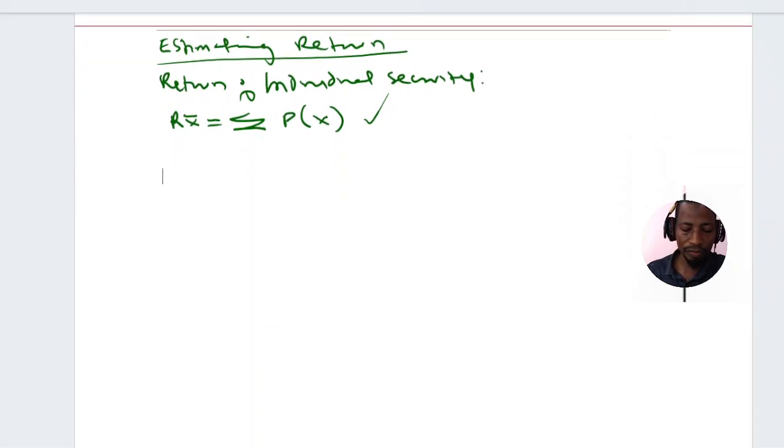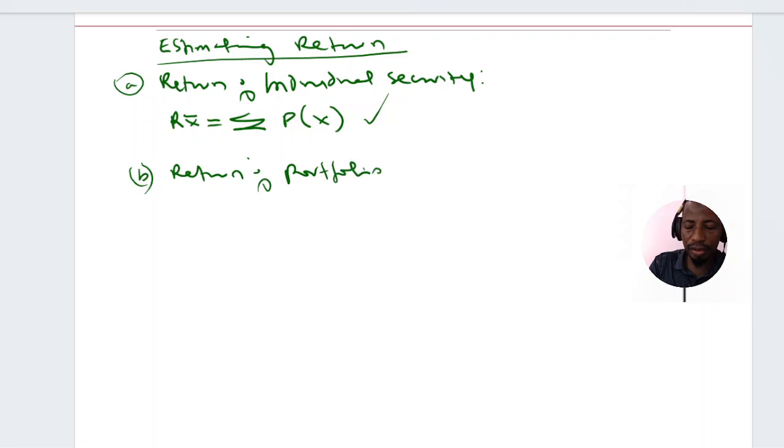Calculating the return of the portfolio, this is A, this is B. Portfolio return, denoted as RP.